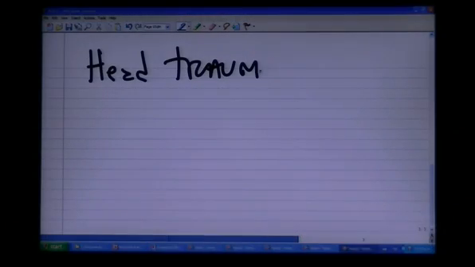So how would you say head trauma? That's an important one to know, right? Head trauma. Un trauma de la cabeza. That really is bad. Well, the proper way of this is traumatismo.